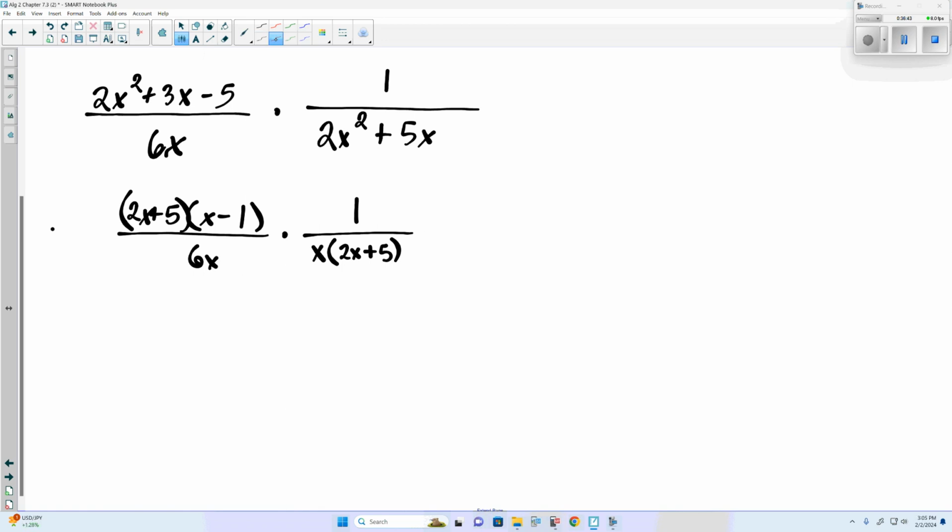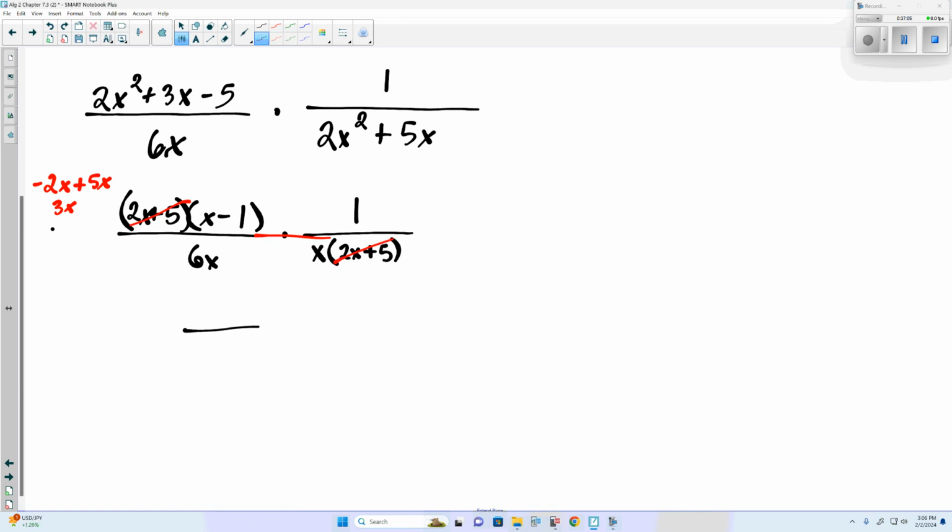Now if we check this here, 2x times negative 1 would be negative 2x. 5 times x is plus 5x, giving us the positive 3x we wanted. Multiply and simplify. What's in common on top and bottom? 2x plus 5, so those will cancel.